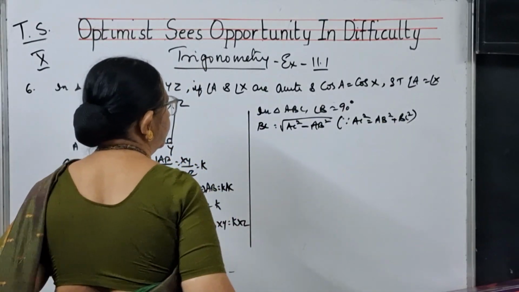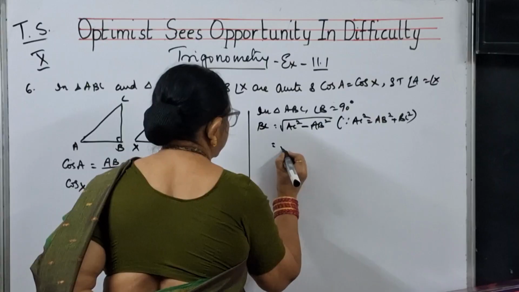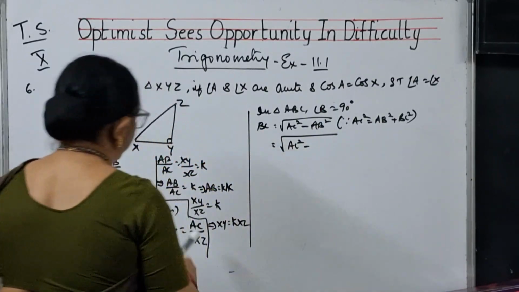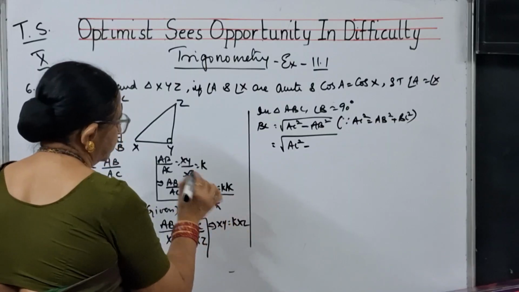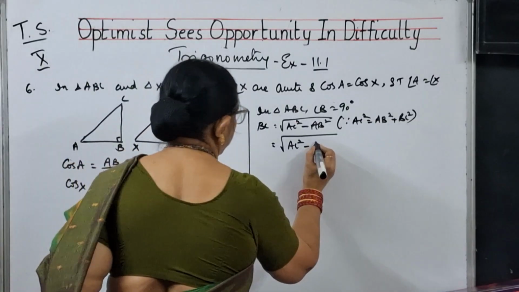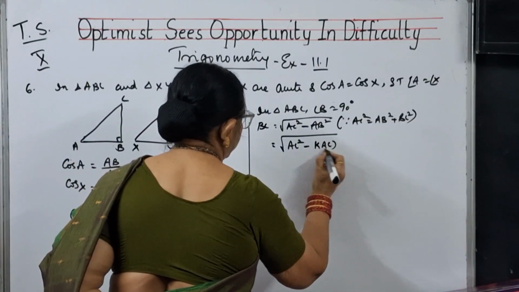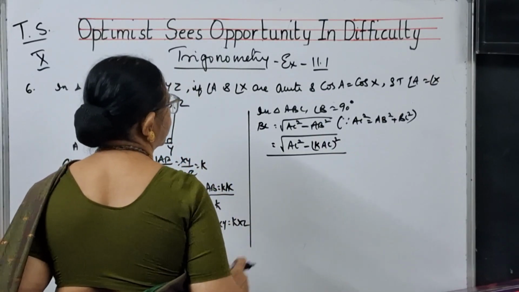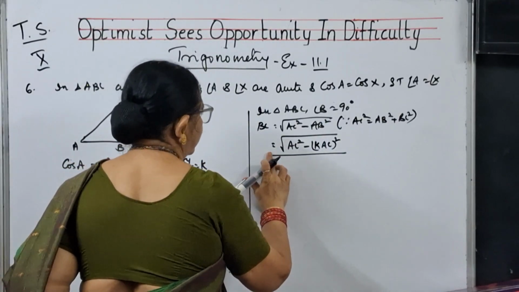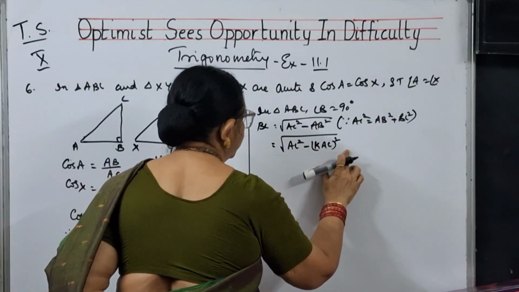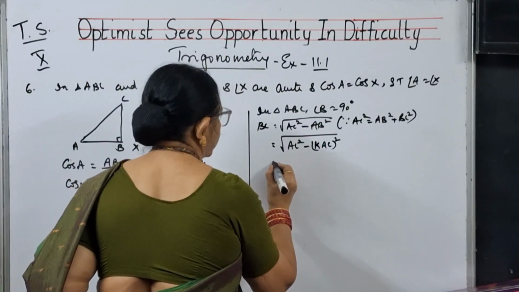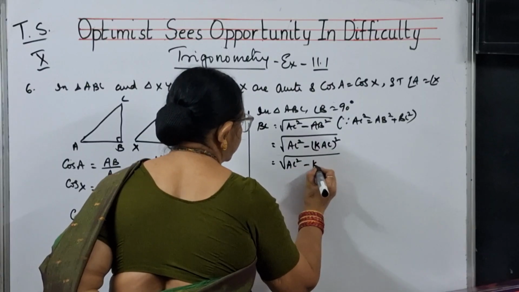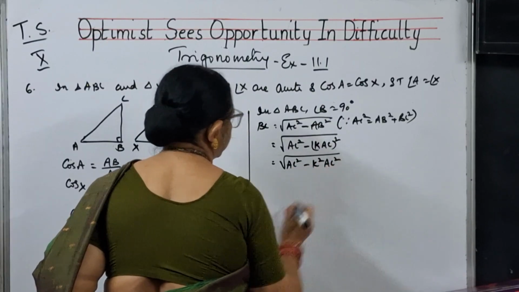So BC is root of AC square minus AB square. That means root of AC square minus... what is AB we have got? K AC. So I'll write K AC whole square. AC square minus AB square is equal to AC square minus K AC whole square. What are we getting? This is nothing but root of AC square minus K square AC square.